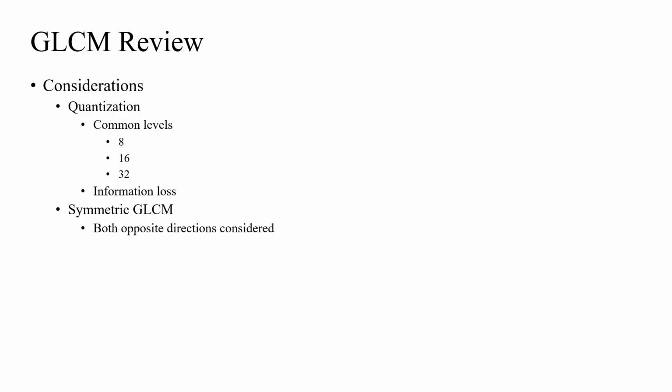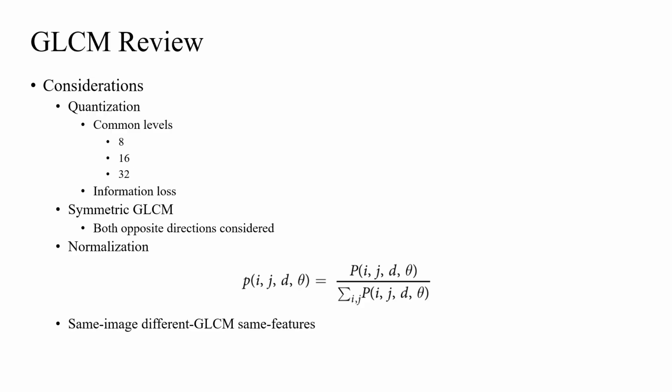Third, before extracting texture features, a GLCM needs to be normalized through this equation by the sum of the matrix values. Lastly, the same texture features calculated from different GLCMs of the same image can be either averaged or treated as independent variables, although Dr. Haralick et al. suggested to use the averages.